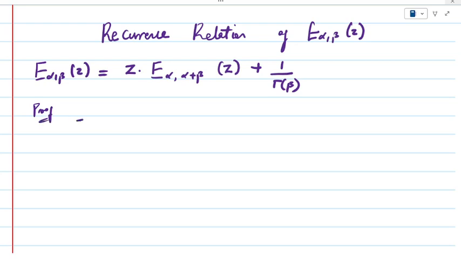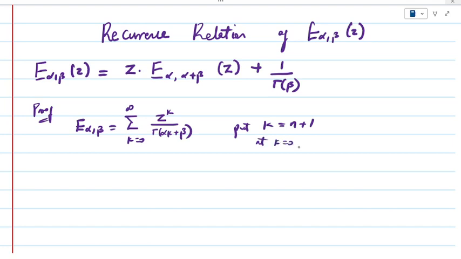Don't forget, our formula is given as E_{alpha,beta} of z equals summation k equals 0 to infinity z^k over gamma of (alpha k plus beta). Okay, so put k equals n plus 1. If I put that at k equals 0, I'm going to have my n equal to minus 1.